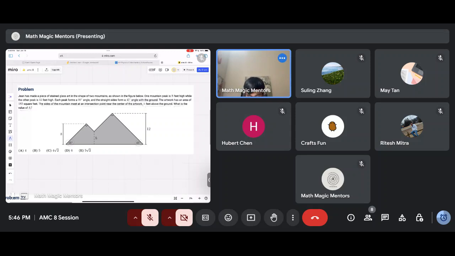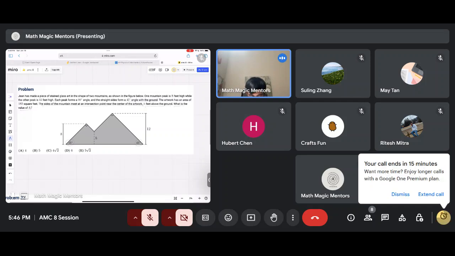Right. So, first, let's try to understand what the problem is saying. So, we have two mountain peaks, like as you see mountains in the picture. It's just like that, and one is 8 feet tall, and one is 12 feet tall, right?